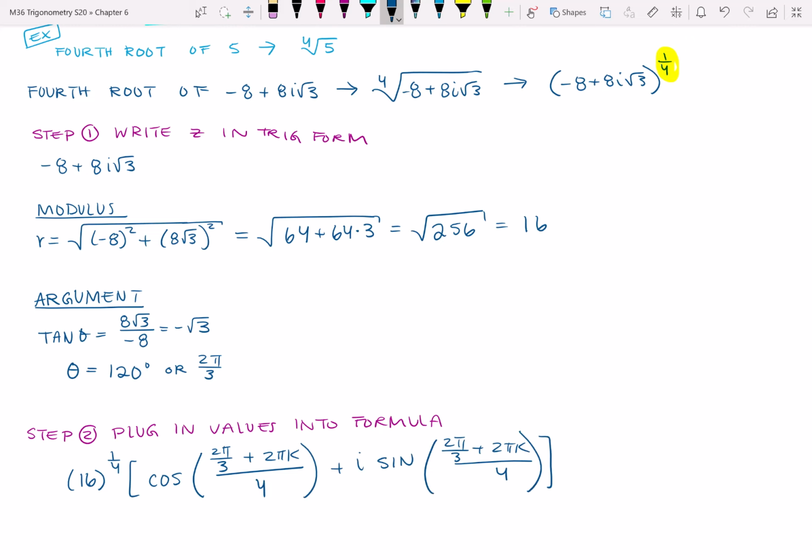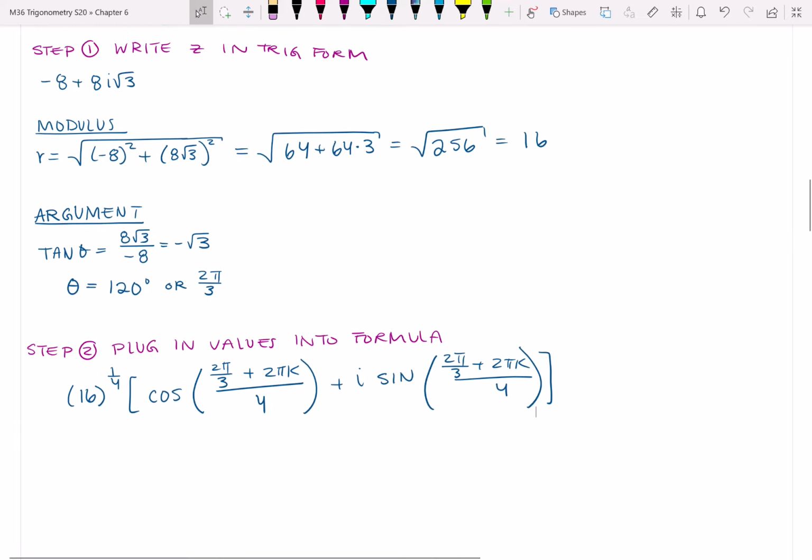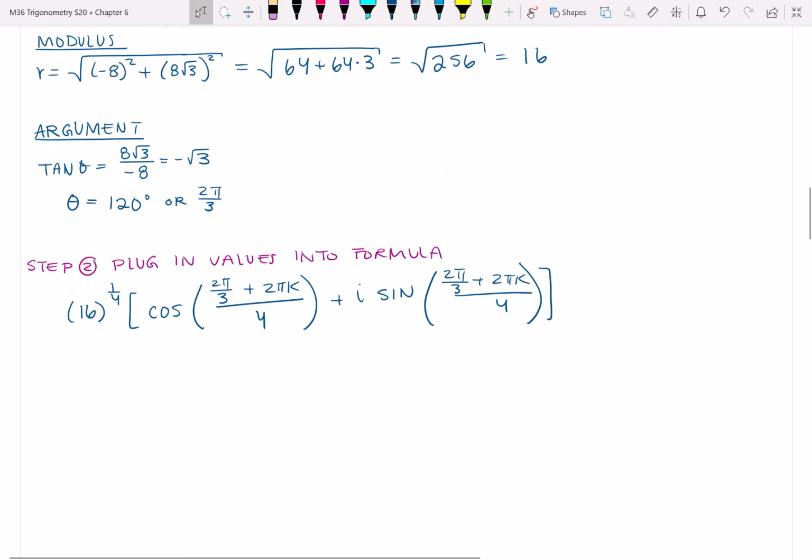So again, this is our formula, and now we're going to plug in values of k. Remember, k ranged from 0 to 3, because that gives four different distinct roots. So let's plug in k equals 0. So we get 16 to the 1/4 power, which is the same thing as the fourth root of 16, which is just 2.